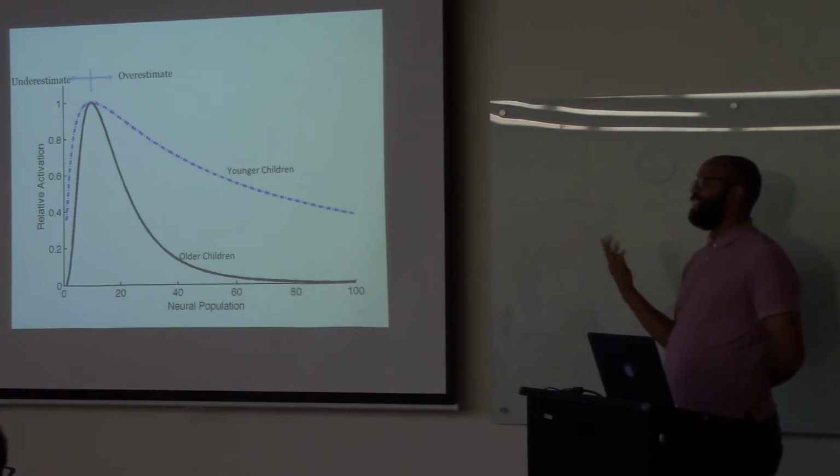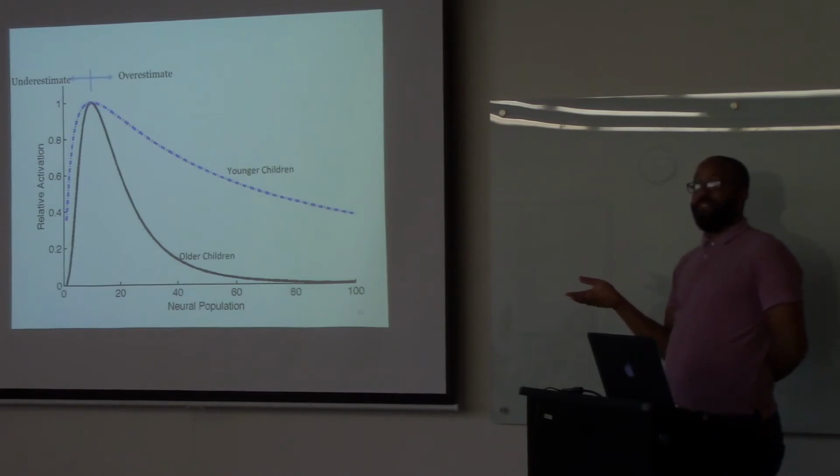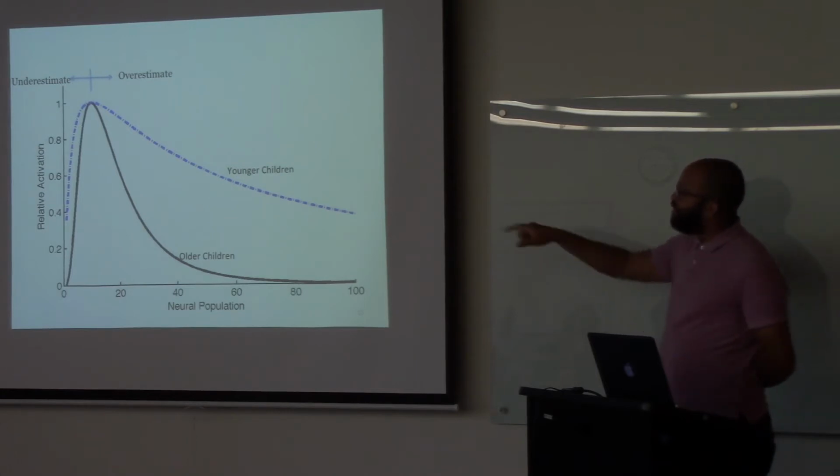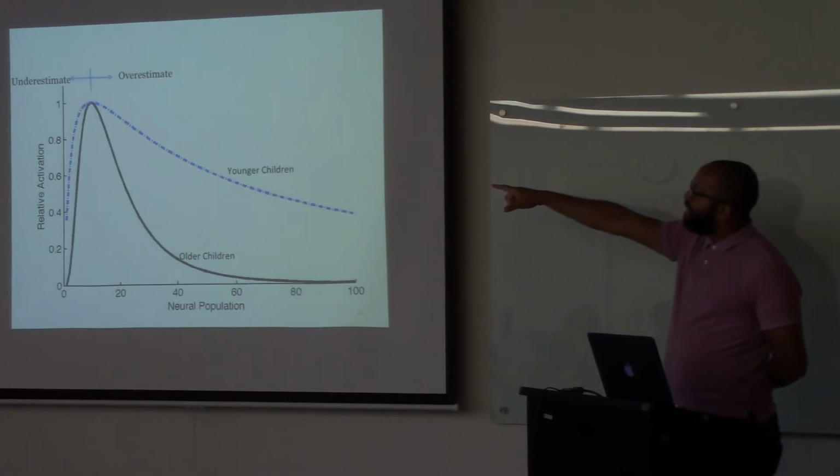So you're misestimating 18 as 21 because the internal processes you have for representing these are very messy. The neural tuning curves for the younger children are very messy and they tend to make errors. And the errors they make correspond to the errors that you see on the number line task.